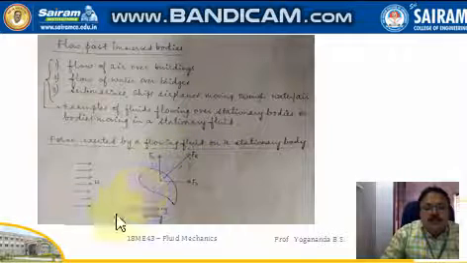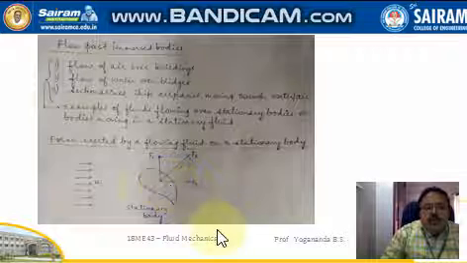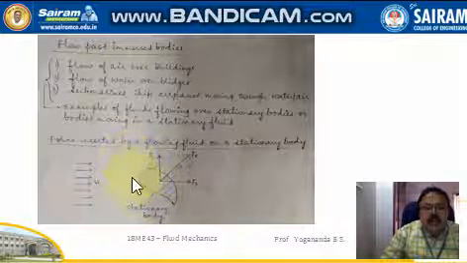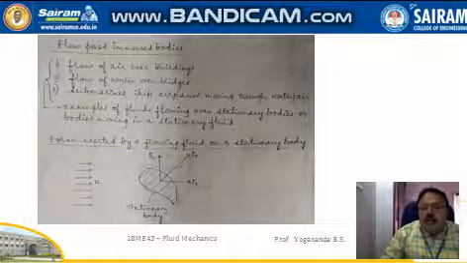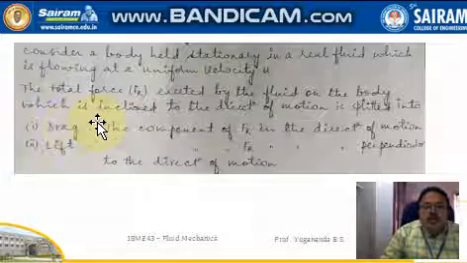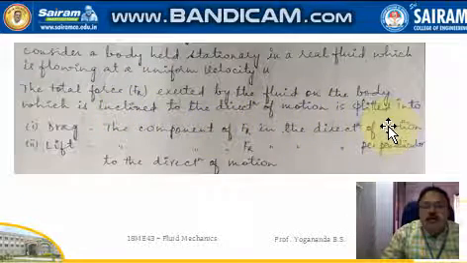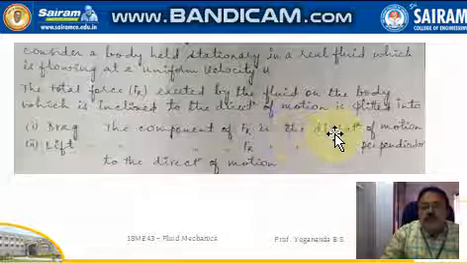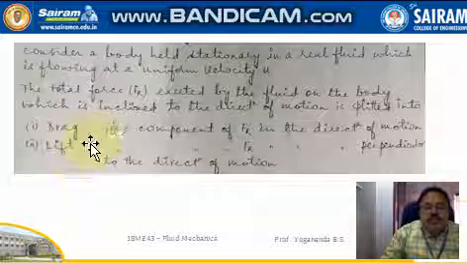Fr is the velocity making an inclination to the surface of the body. The total force Fr exerted by the fluid on the body, which is inclined to the direction of motion, is split into two forces, that is the drag and lift.